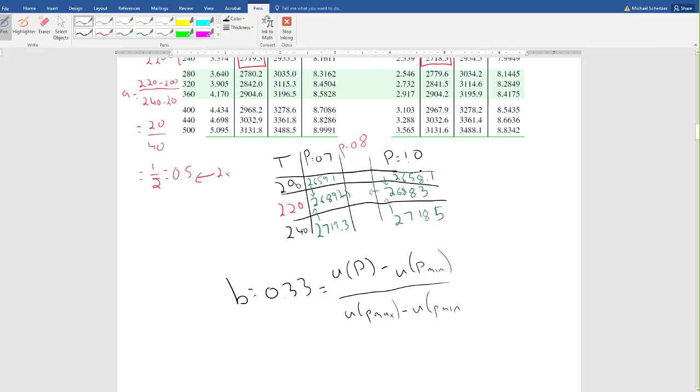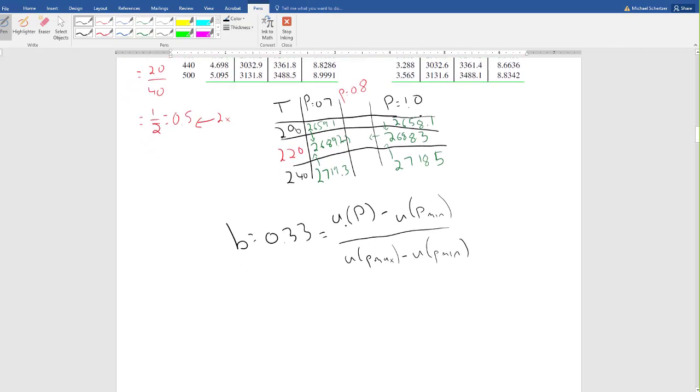The reason I want to show you this is that when we were interpolating with temperature, our specific internal energy was increasing, going from 2659 up to 2719. Here, it's actually decreasing a little bit, 2689 to 2688. So you have to recognize that when we say U min and U max, it's really U at the minimum pressure and U at the maximum pressure, not the minimum and maximum values of U.